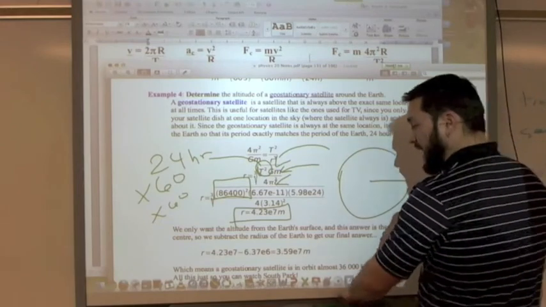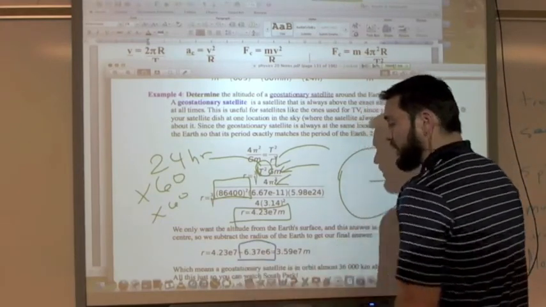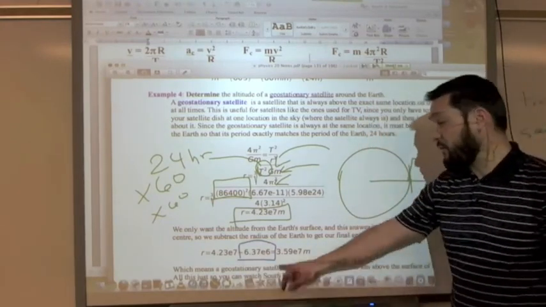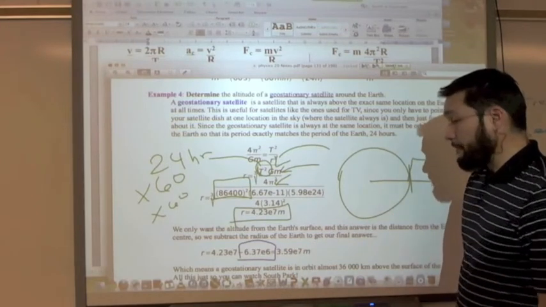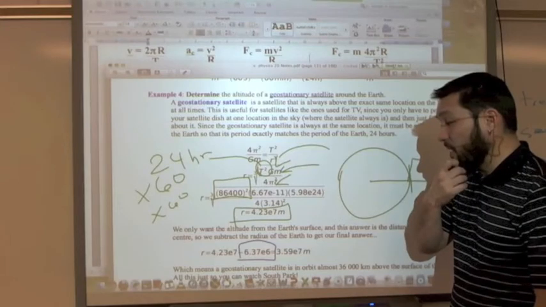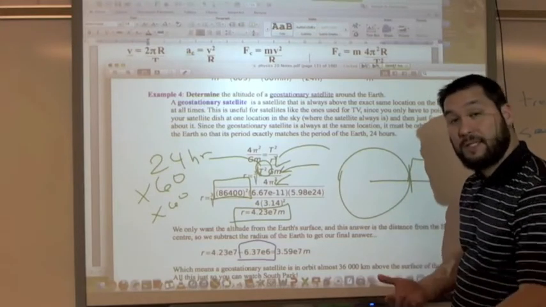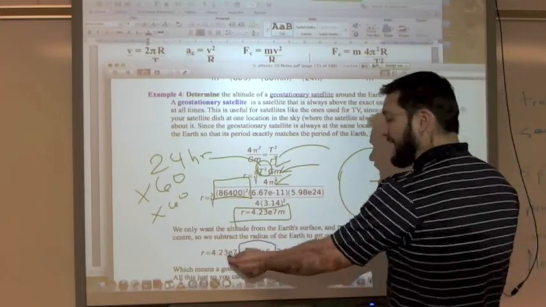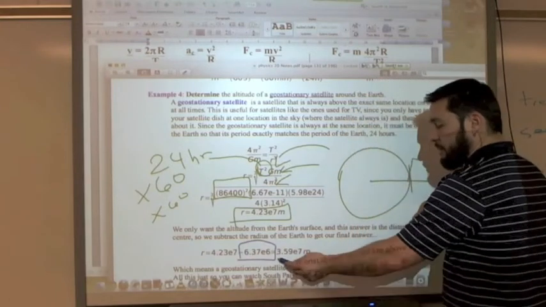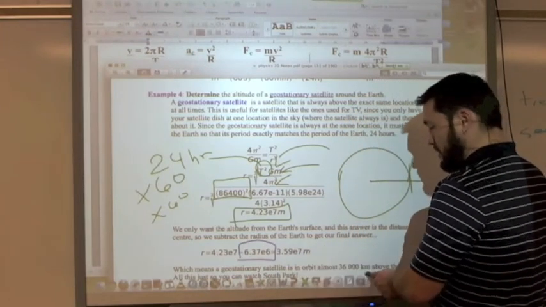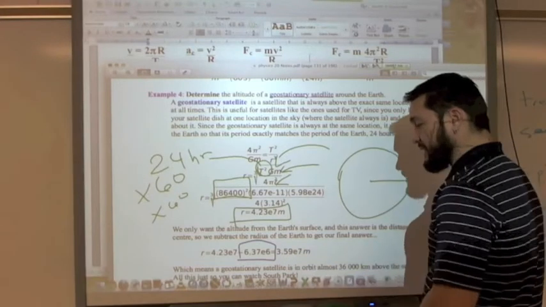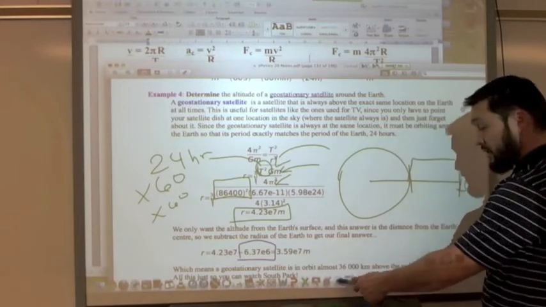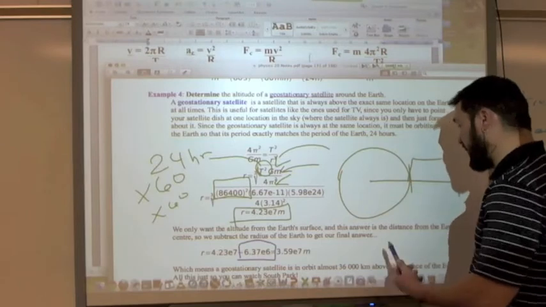So that number is down here, 6.37 times 10 to the exponent of 6, which is basically about 6,370 kilometers to the center of the Earth. If we subtract that from the value that we get here, we end up with 3.59 times 10 to the 7th, which is, instead of 3,000, 36,000 kilometers above the Earth.